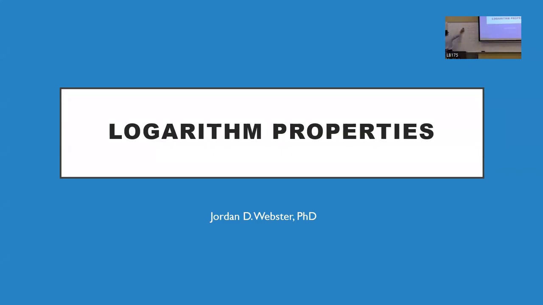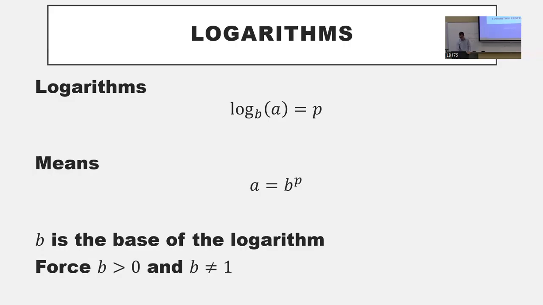And then, once we understand the connections between logarithms and exponents, we can find some log properties. We can look at some logarithmic properties. These are all going to come from the connection between the logarithmic equation and the exponent equation.